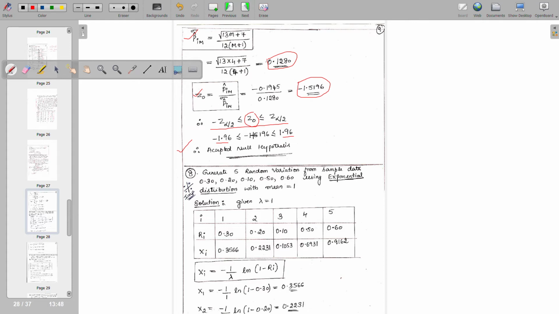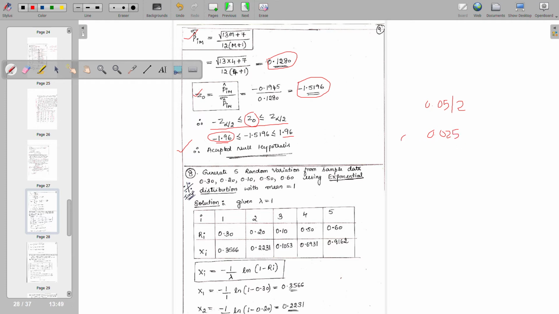Suppose Z alpha by 2 is not given; then we need to find the Z alpha by 2 value. Alpha is given as 0.05. Alpha divided by 2, you will get 0.025.